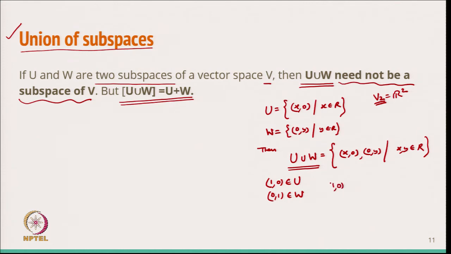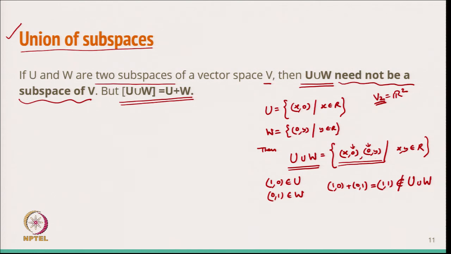So, (1, 0) plus (0, 1) will be (1, 1), and (1, 1) does not belong to U union W, because in U union W only those elements are there in which either the second element is 0 or the first element is 0 in the vector.